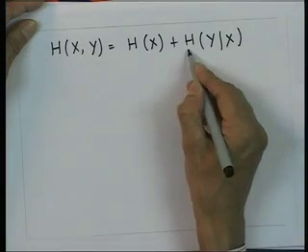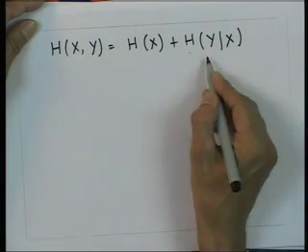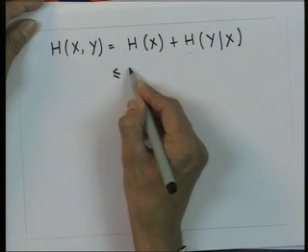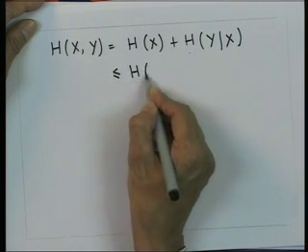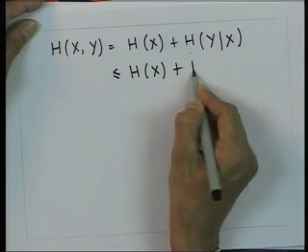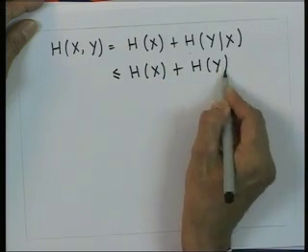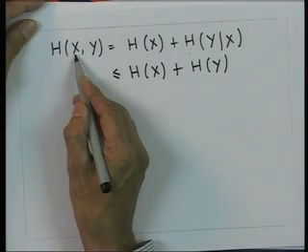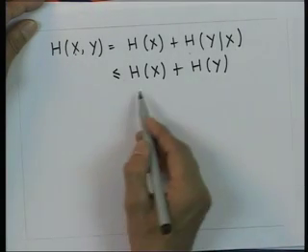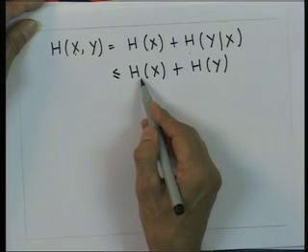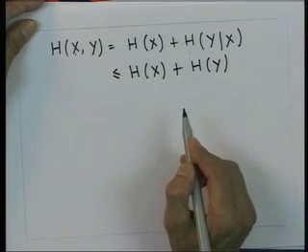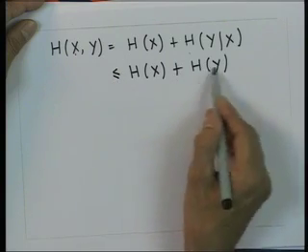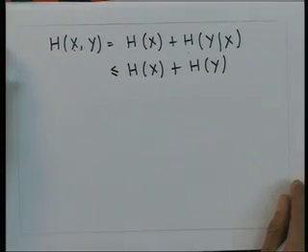We just proved that this quantity is always less than or equal to the information in y alone. So, this quantity out here will always be less than h of x plus h of y. So, the joint information in x and y is always less than the sum of the information in x and y, and they are only equal when x and y are independent.